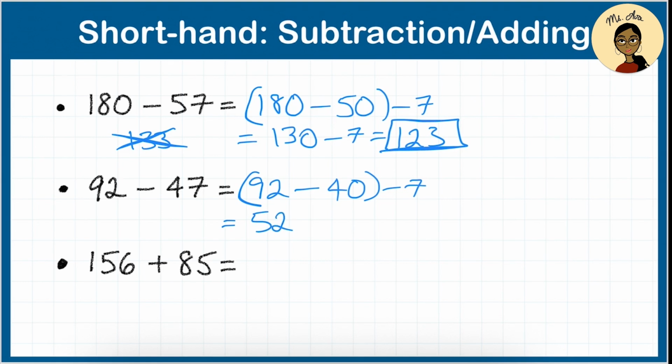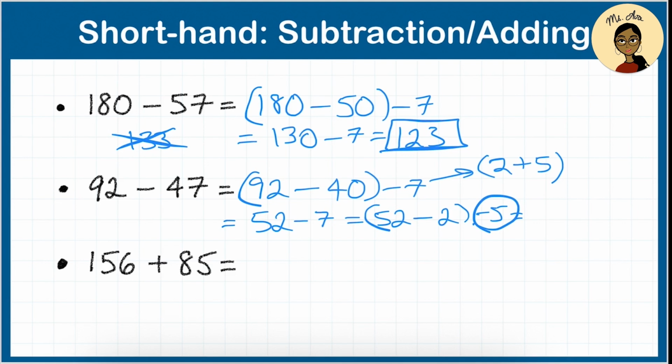And then if we're trying to take away 7, one way you can think about that in your head is that 7 is made up of 2 plus 5. So we do 52 minus 2, which is just 50, and then we go down 5 more, so that will give us 45. That's the trick with that one.